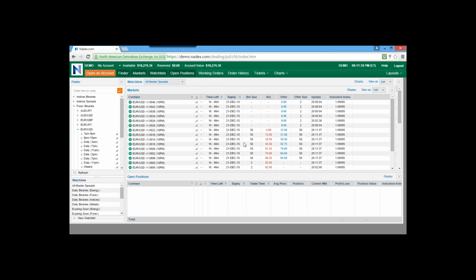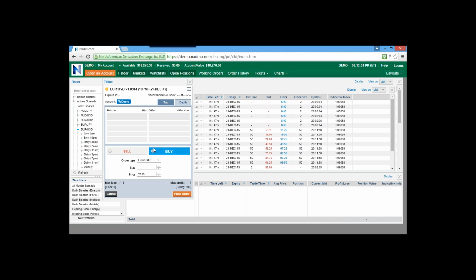What if I bought this one? What is my probability of it winning? Just from the statistical side. About 30%, right? We all understand that.